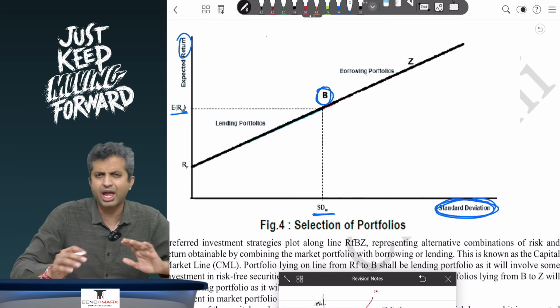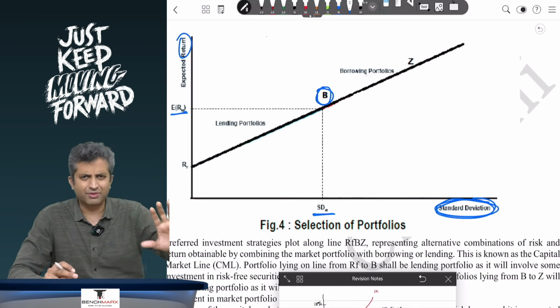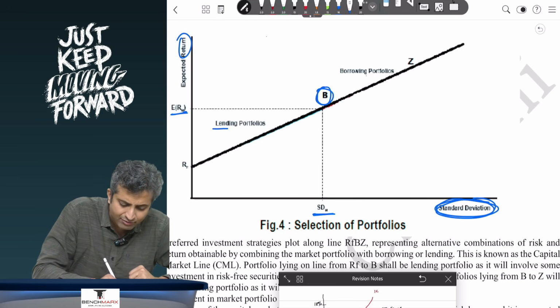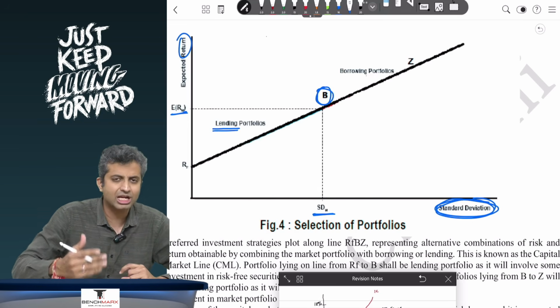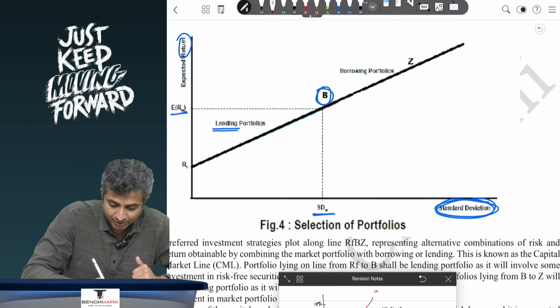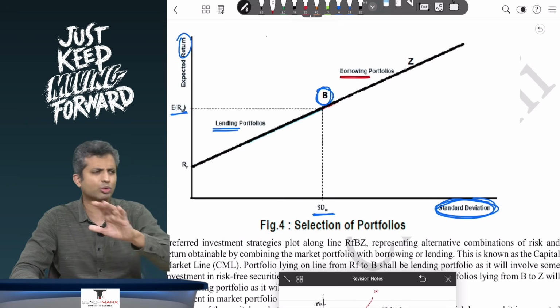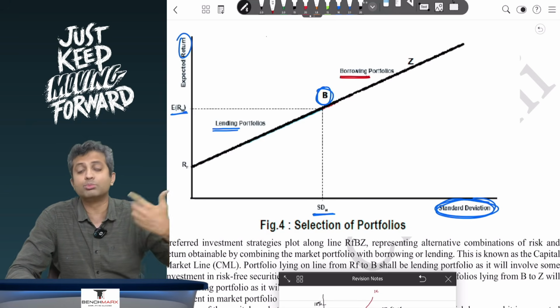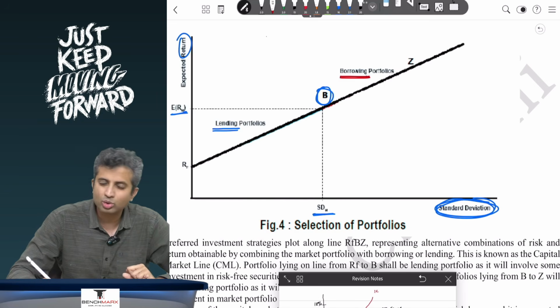Now over here I don't want to earn as much as 15. My targeted return is 13%, in which case I'll invest some money in the risk-free security and also some money in the market portfolio. However, if I want to earn more than 15, how will I do it? I don't have to do stock picking. I will just short the risk-free security and invest more, let's say 1.6 times, into the market portfolio.